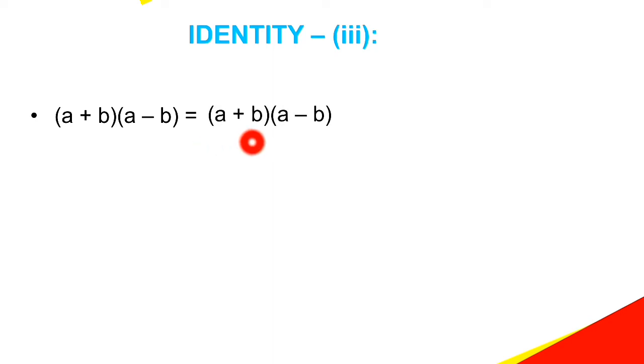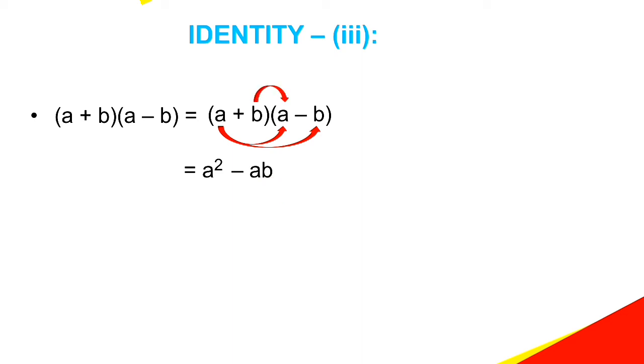Identity 3. What is identity 3? Right, that is A plus B into A minus B. The same terms you can write: A plus B into A minus B. So what are we going to do? A into A can be written as A square. Next, A into minus B can be written as minus AB.